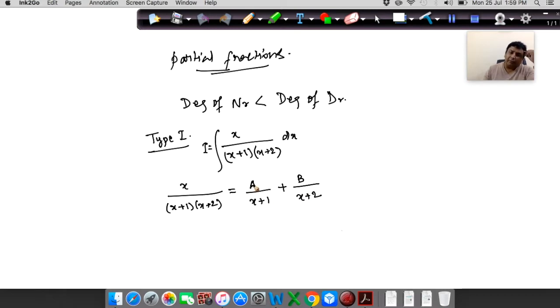Now we'll find out the values of a and b by cross multiplying. So we cross multiply, we get x is equal to, now many people say we'll take LCM and then cancel. I don't do all that. I simply cross multiply so that it saves your time. So x plus 1 cancels when we cross multiply, and we get a(x plus 2) plus b(x plus 1).